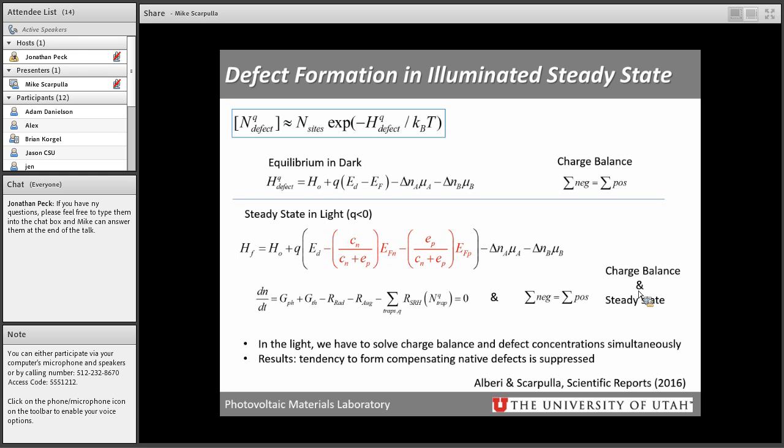The downside is you've got to solve the equations simultaneously now to get two unknowns, EFN and EFP, as well as all the other concentrations of defects. So you've got to solve the steady state carrier concentration equation, which involves the generation and recombination. The coupling comes in through the Shockley-Read-Hall recombination induced by each of these types of defects.